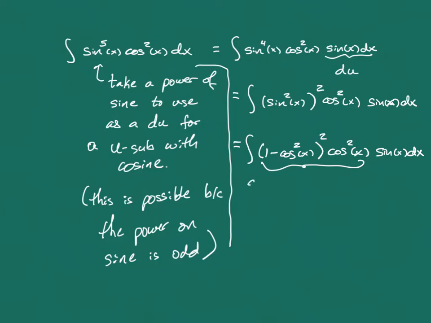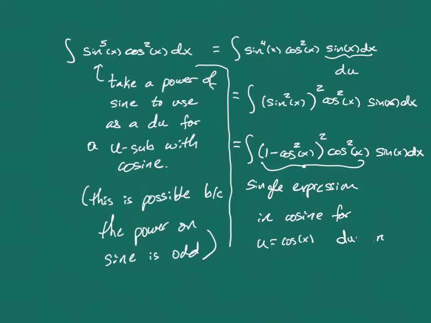Okay, so we've got a single expression in cosine, and for u equal to cosine of x, we've got our du, the derivative of cosine, being minus sine of x.